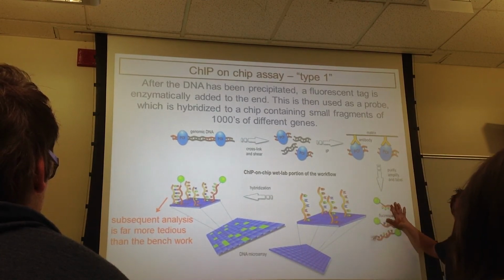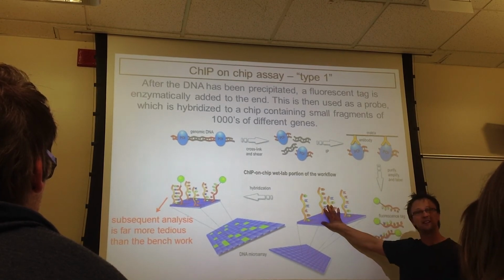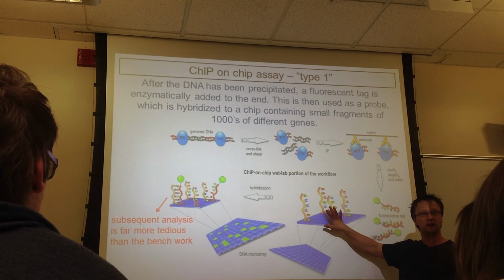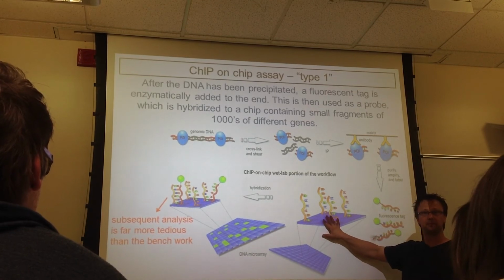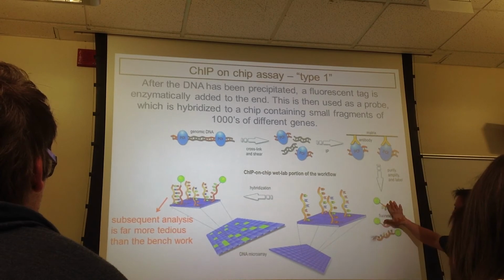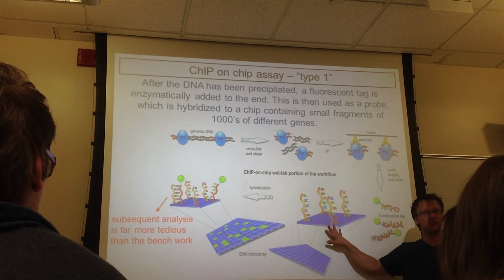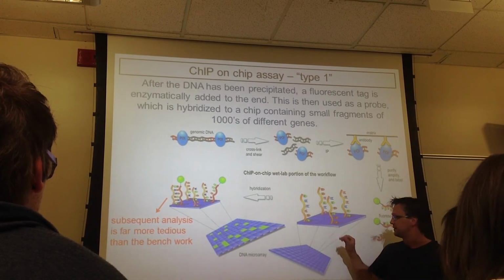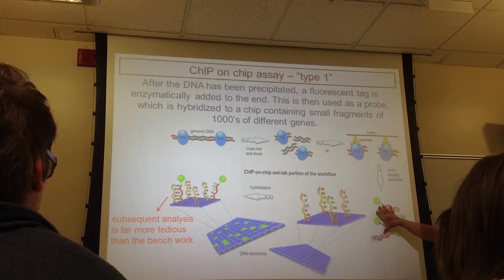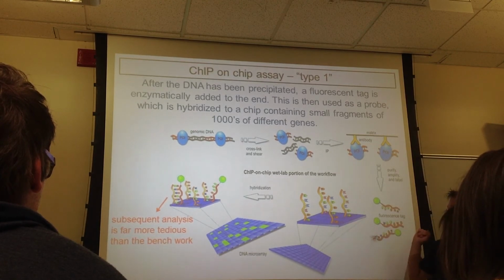And then you take your immunoprecipitated DNA and you hybridize it. This is basically like doing a Southern blot on a chip. Okay. And so these will anneal to the DNA sequences to which they're complementary. And so you're going to have these fluorescent tags lining up with these specific spots on this chip.